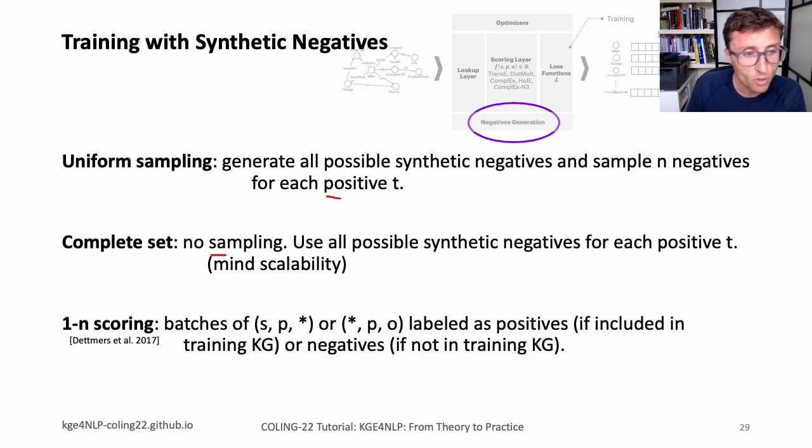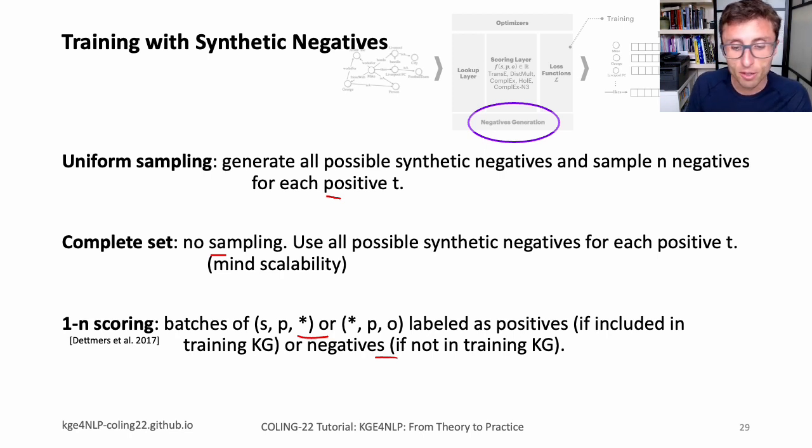There are some works that adopt the so-called one-to-n scoring strategy, so they split the training set in batches of couples, and they create all possible combinations on the fly, and they label them as positives or negatives according to whether these triples created on the fly are included in the training knowledge graph or not.